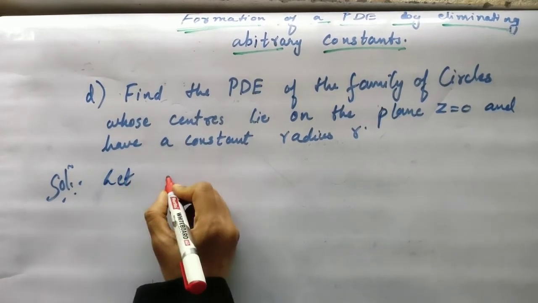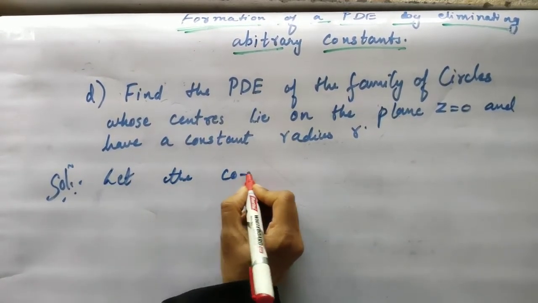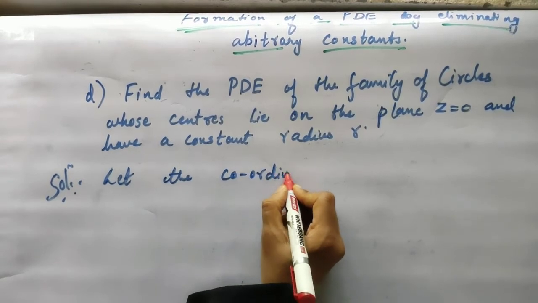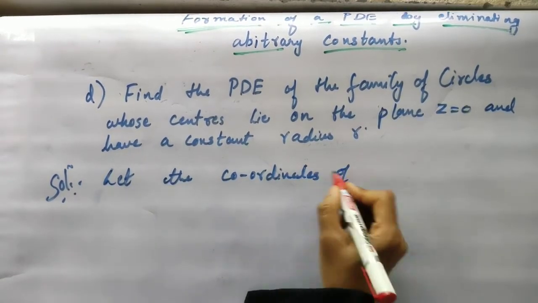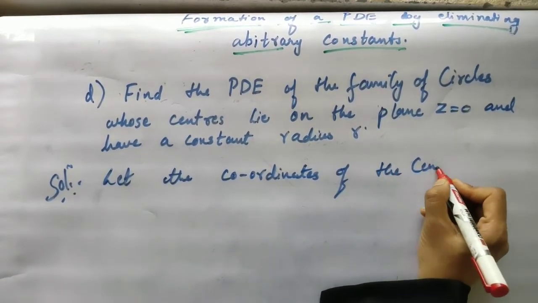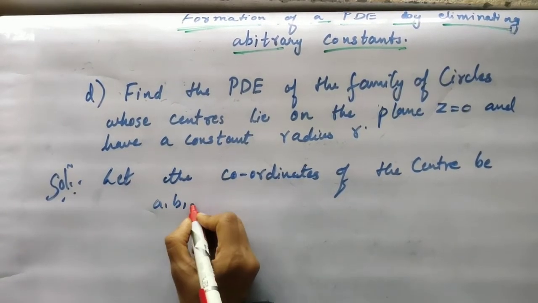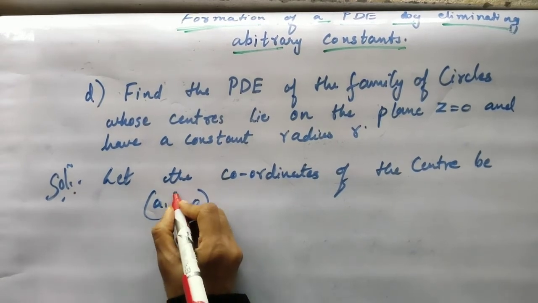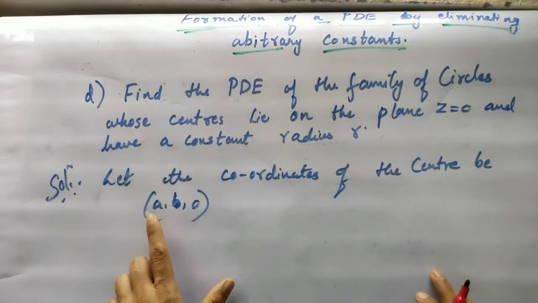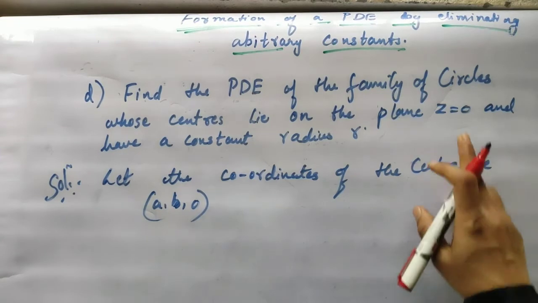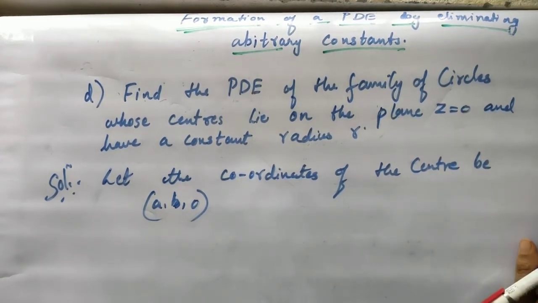Let the coordinates of the center be a, b, comma 0. So let the center be a, b, comma 0 because it is lying in the xy plane. Okay.